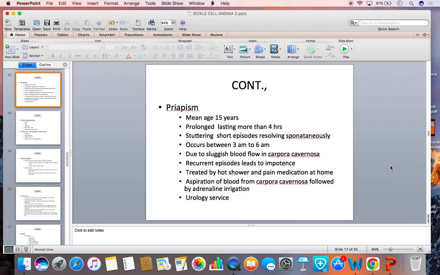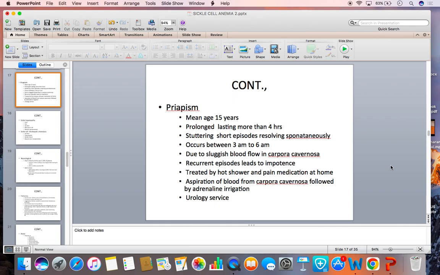Occurs between 3 a.m. and 6 a.m., that is, most commonly in the early morning. Due to sluggish blood flow in corpora cavernosa. Recurrent episodes lead to impotence. Treated by hot showers and pain medication at home.